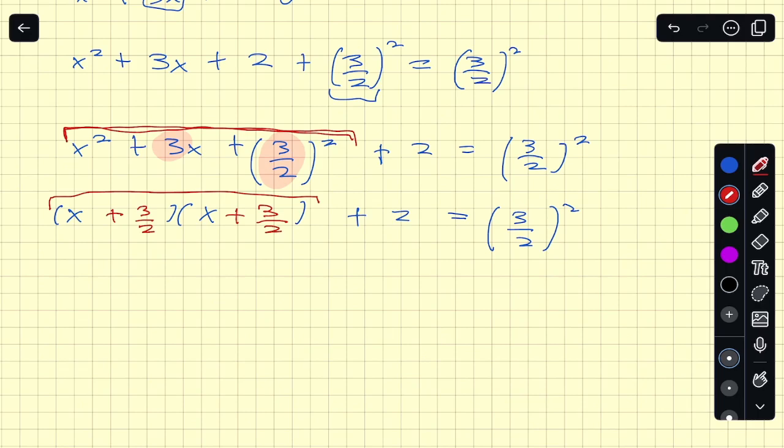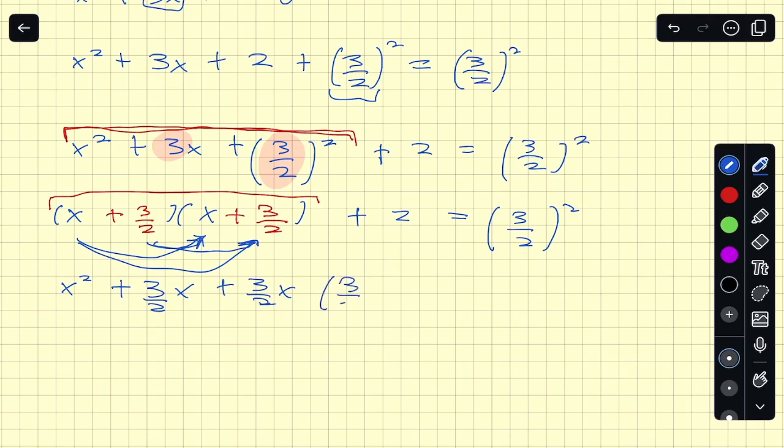Think about it. If I expand, I do the first one and I get x squared. Do the next one, I get 3 over 2 x. Similarly, do the next one, I get 3 over 2 x. Do the outside, 3 over 2 times 3 over 2, and I get 3 over 2 squared, plus all the other stuff.